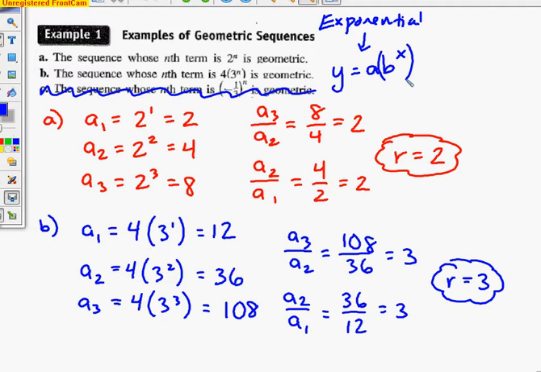Well, the common ratio for the first problem was 2, and the common ratio for the second problem was 3. That is the number that is the base of the exponent. So this b, the base, is the ratio. So understand the structure here. That base of the exponent is going to be the ratio, that common ratio between your terms.